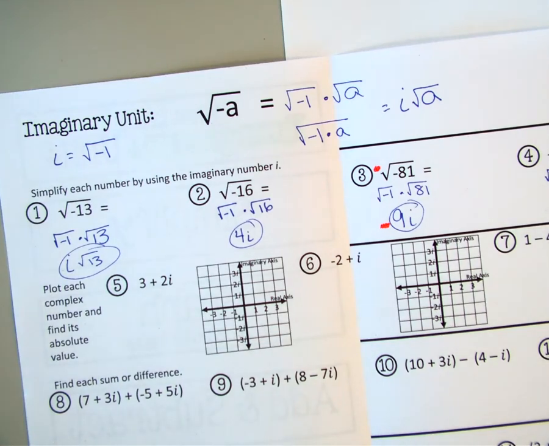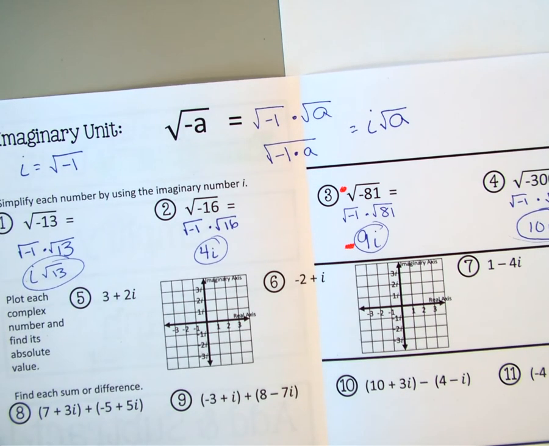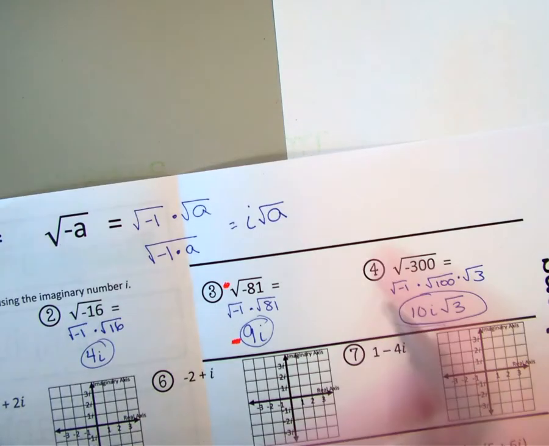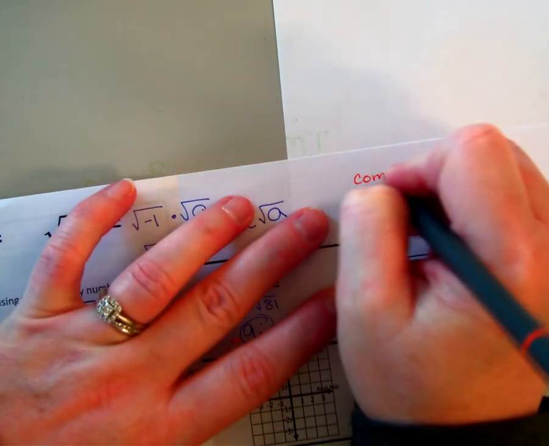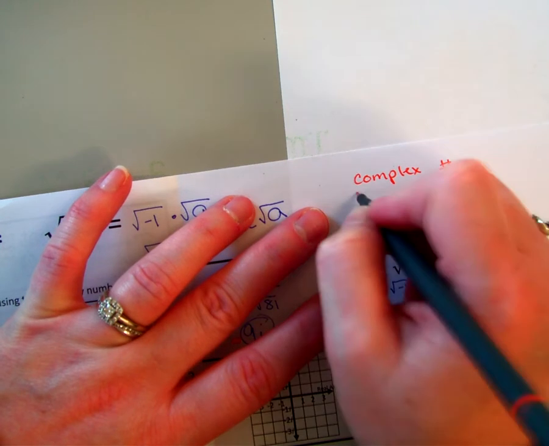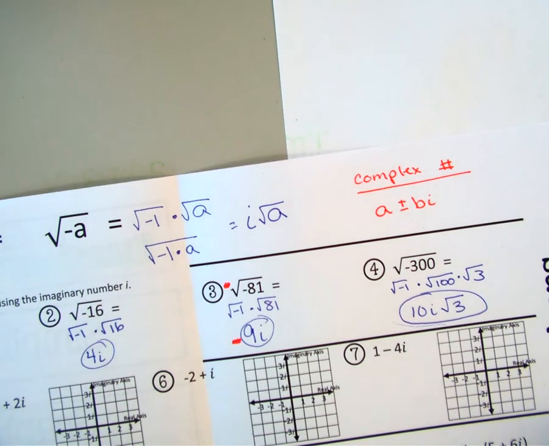Now, we can graph imaginary numbers. But before we graph that, we're going to talk a little bit more about the whole complex portion of it. So I'm going to go back up here to my imaginary unit where I have some space. So the whole idea of a complex number is the form a plus bi.